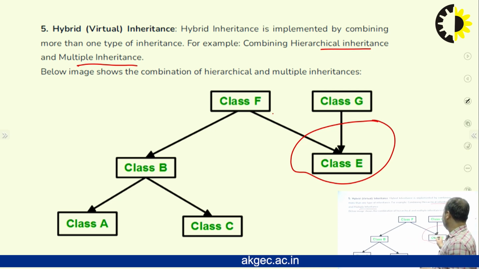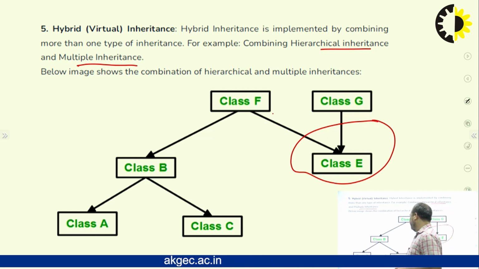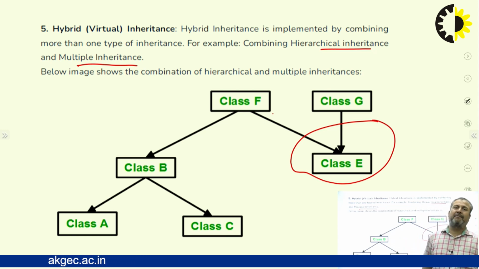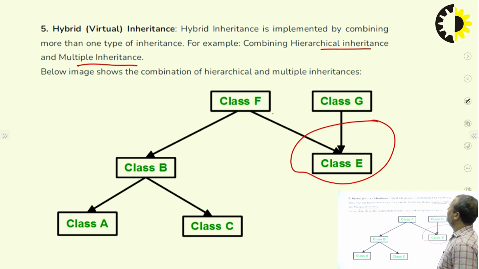Similarly, class A and class C, more than one derived class from the same base class, so this is the example of hierarchical. So hybrid or virtual inheritance is implemented by combining more than one type of inheritance. The below image shows the combination of hierarchical and multiple.